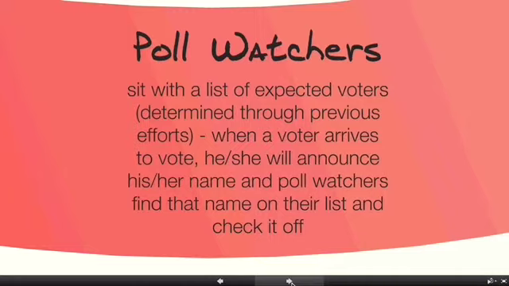Your poll watchers will have a list of supporters. They're not going to have a list of the entire checklist. They're going to have a list of your supporters, because at the end of the day, we need to get your supporters to the polls that day. So as people come in, they say their name.